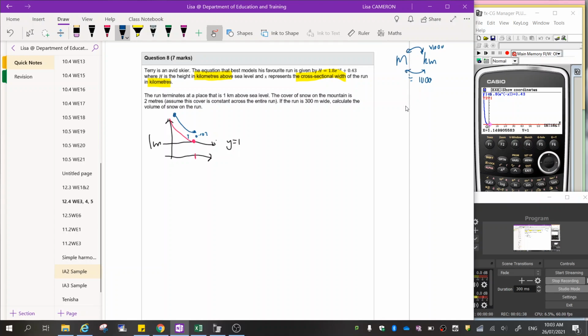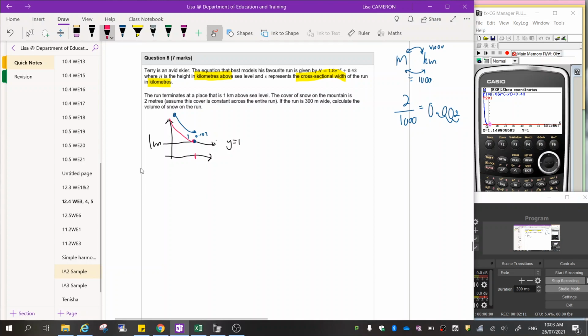Okay, anyway, so 2 divided by 1,000 gives me 0.002. So did I get that right? I did. Excellent.